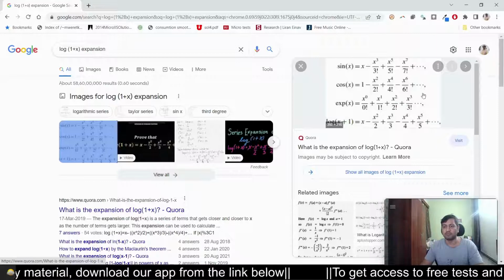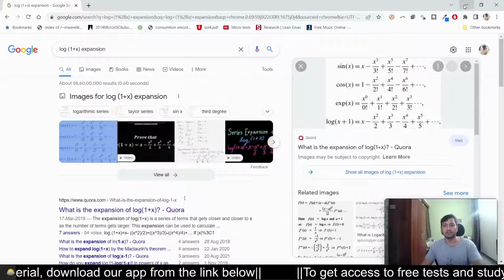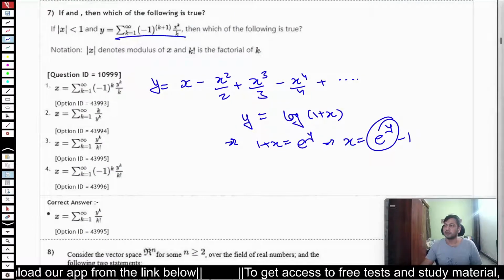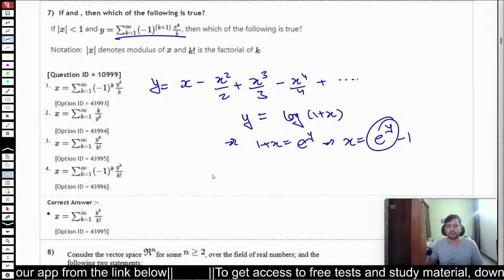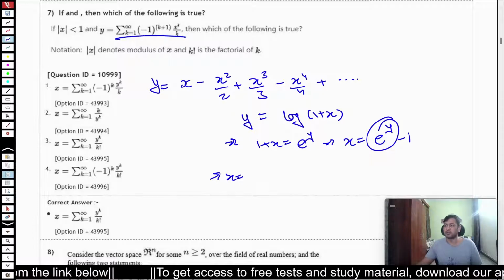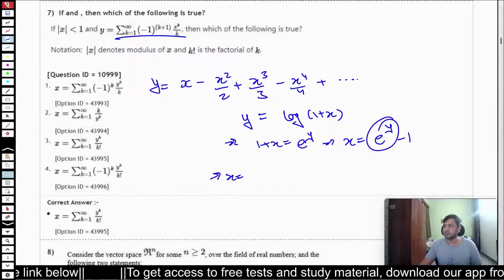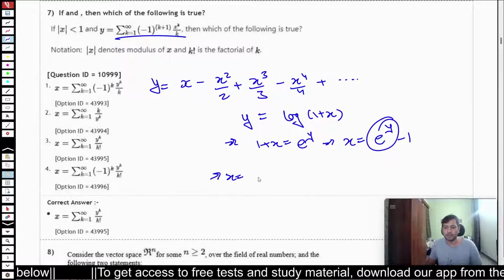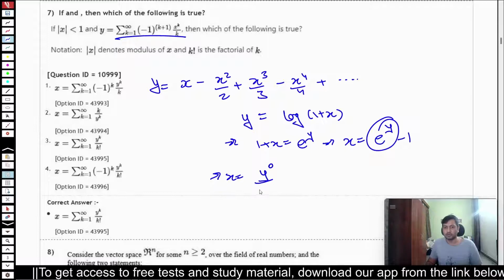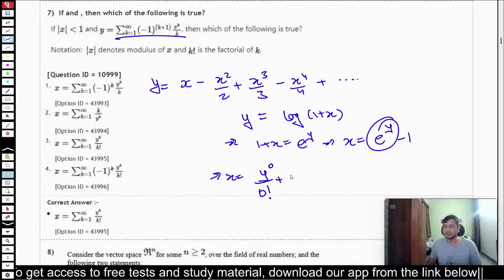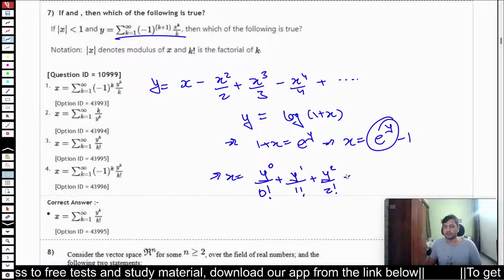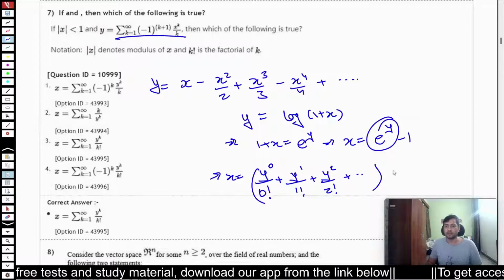x to power 1 by 1 factorial, x to power 2 by 2 factorial and so on. So that is e to power x का expansion. So you can write it down here, e to power x का expansion. So e to power y का expansion will turn out to be y to power 0 upon 0 factorial plus y to power 1 by 1 factorial plus y to power 2 by 2 factorial and so on, whole minus 1.